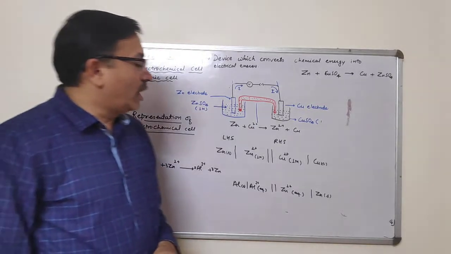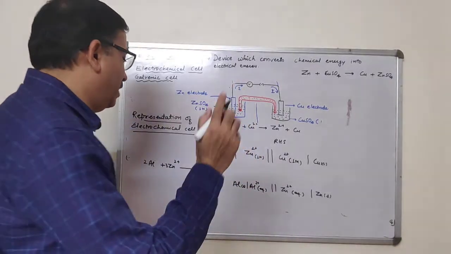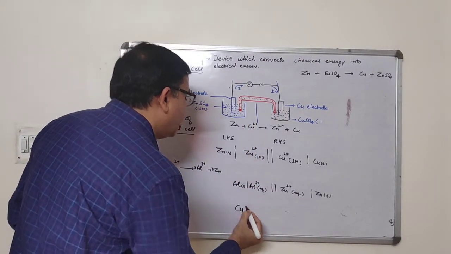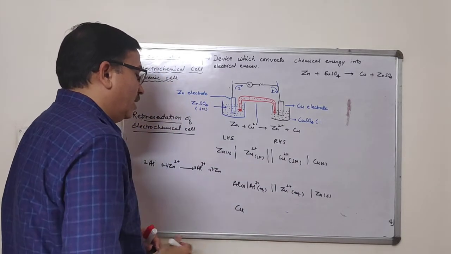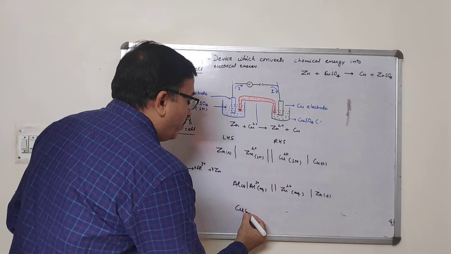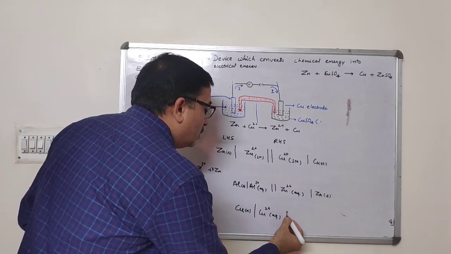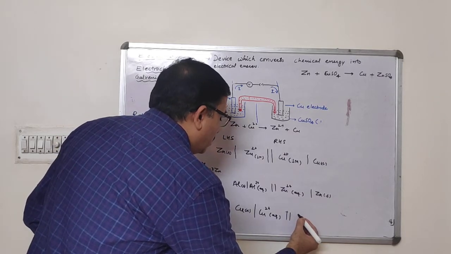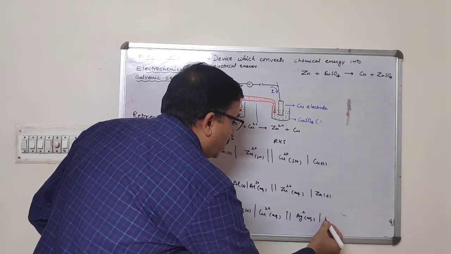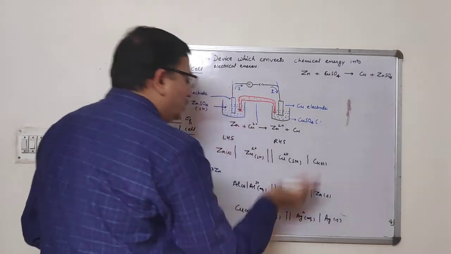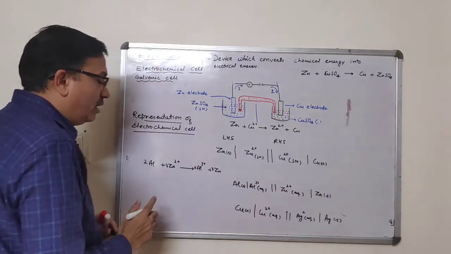If we want to write the cell reaction from the representation of a cell, say I am taking one example, the copper silver cell. Say this is the copper zinc cell, this is the zinc aluminium cell. Now I am taking the copper silver cell. Copper solid converts into Cu2+ aqueous, then salt bridge, then Ag+ aqueous converts into Ag solid. This is the copper silver cell. This is the representation. How to write the reaction?